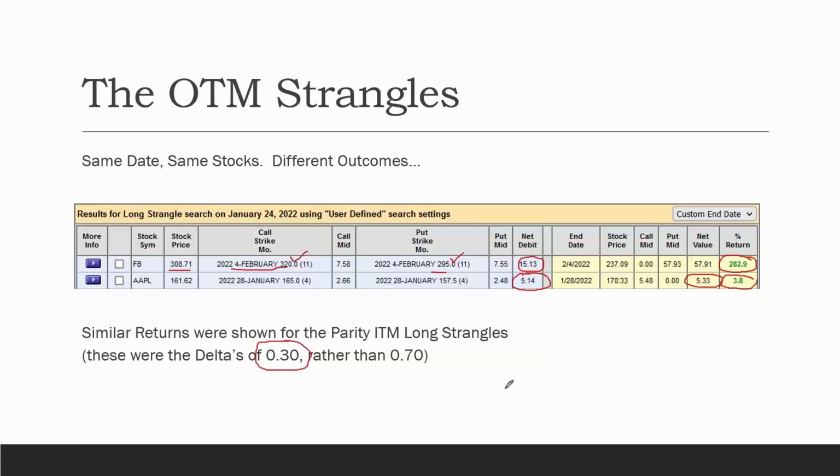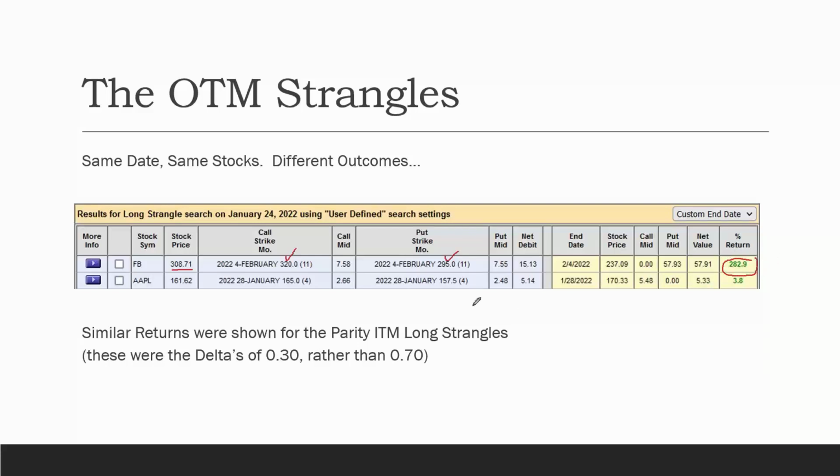The in-the-money long strangles that I looked at, I just built them with the option chain and took a look at them. They were similar returns. In other words, if you were to reverse this, as I mentioned, bought the in-the-money 295 call, bought the 320 in-the-money put with the stock at 308, the debit, of course, much higher, but the return at the end was the same amount. It was 281.7.